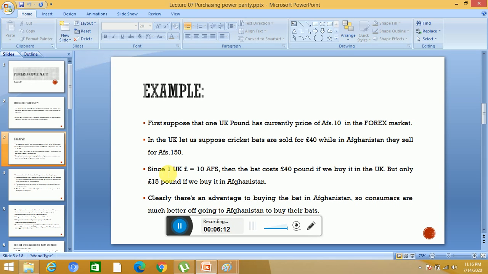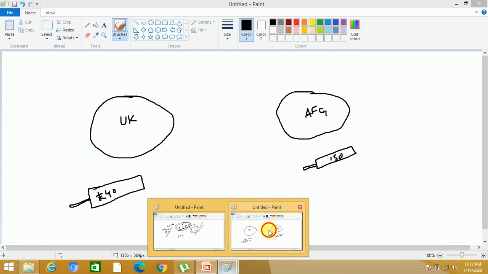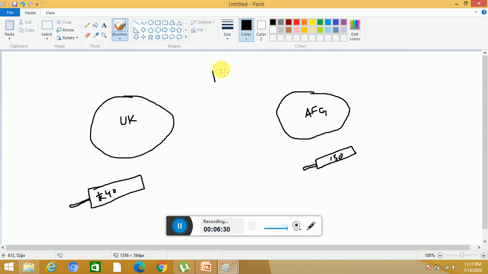Now look at this. Since 1 UK pound is equal to 10 Afghanis, the bat costs 40 pounds if we buy it in the UK, but only 15 pounds if we buy it in Afghanistan. Now 1 pound is equal to 10 Afghanis. Now convert these 150 Afghanis to pounds.